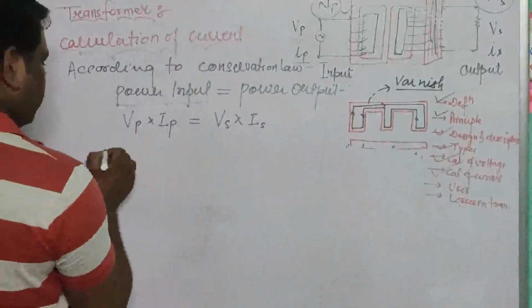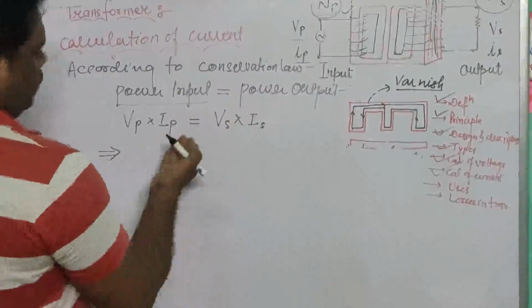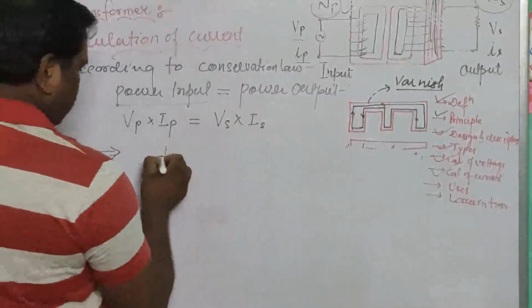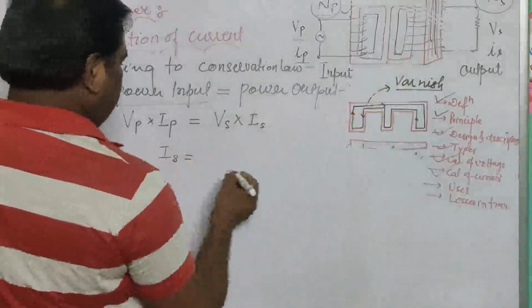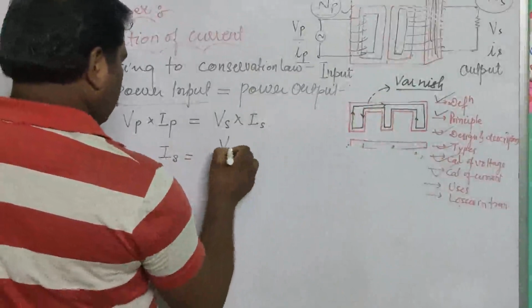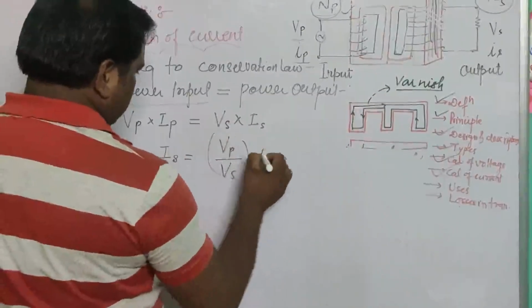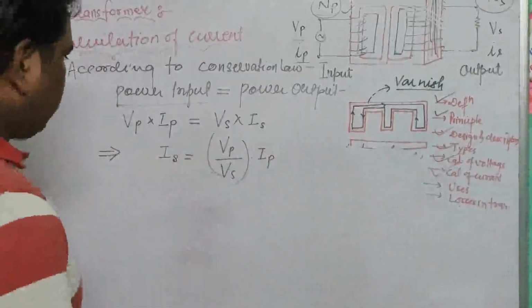Got my point? Very good. Let us simplify this. So from here, current across secondary coil Is will be equals to Vp upon Vs into Ip. I hope you are able to understand.